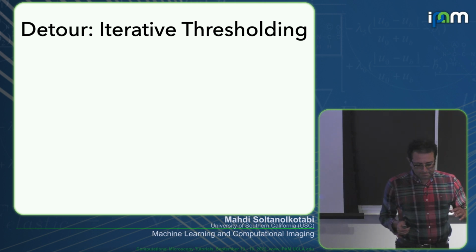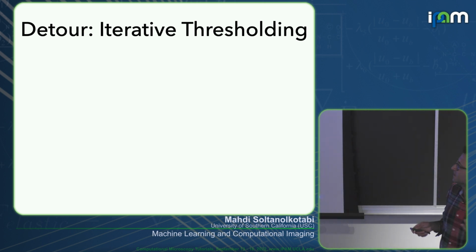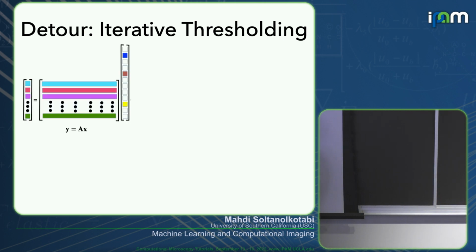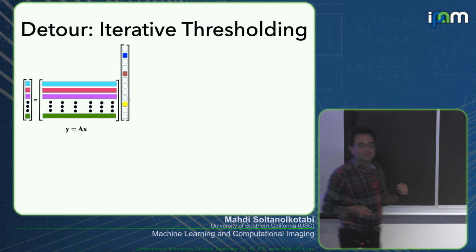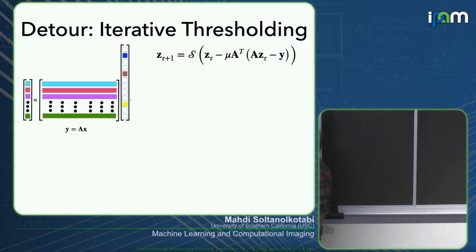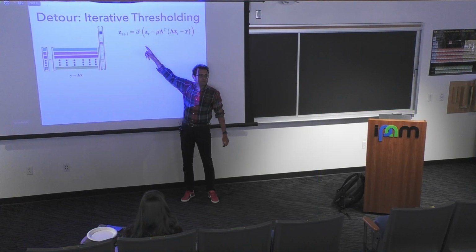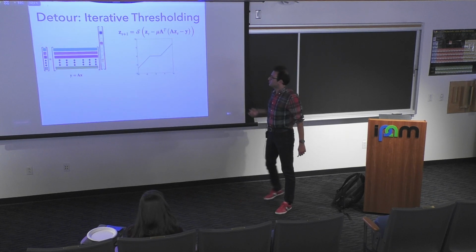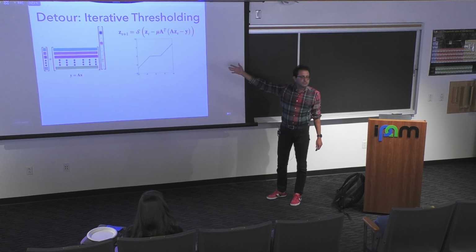So, going back to the compressive sensing days, right? If you want to do a sparse reconstruction from a few measurements, algorithmically, what would you do? Basically you do a gradient update on the least squares loss. It looks something like this. And then you pass it through a thresholding function to enforce sparsity, right? Usually soft thresholding, hard thresholding, stuff like that.